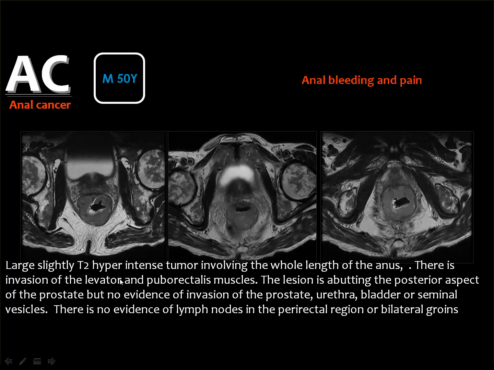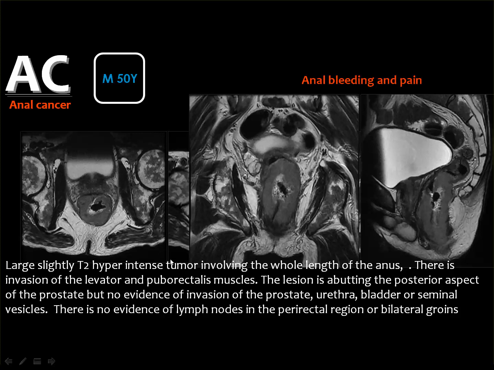And this is an example of an anal cancer totally infiltrating the circumference of the anal canal in the axial images, and in the coronal and the sagittal images, and you can see that the tumor has involved the whole length of the anal canal and may progress into the distal rectum, as you remember that this is the level of the levator ani muscle from the previous anatomy discussion.